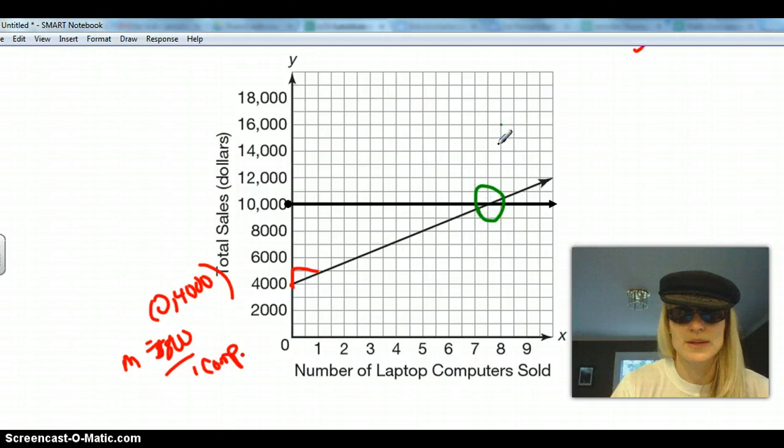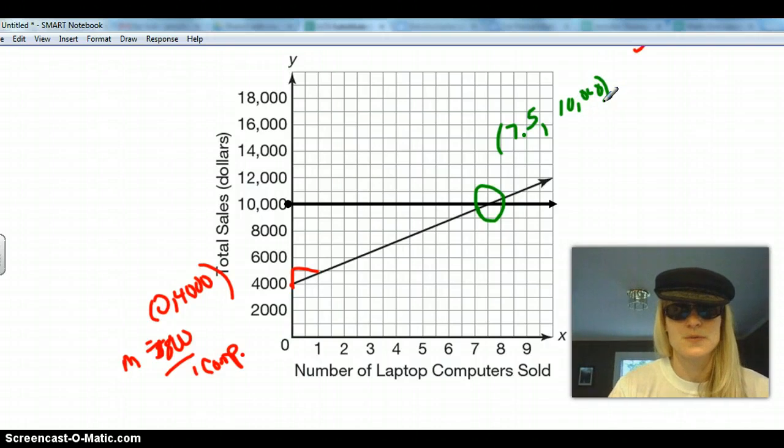So at this point, the x is 7.5, and then the y is 10,000. So the question is, what does that mean? This is the intersection, but what does that mean? On the next problem, you're going to do this yourself. You're going to have to find the intersection and then tell what it means.